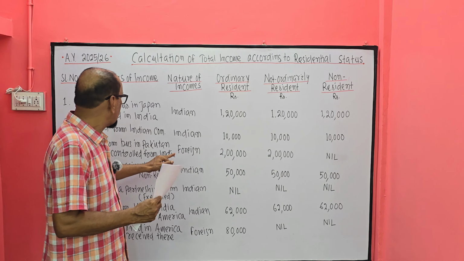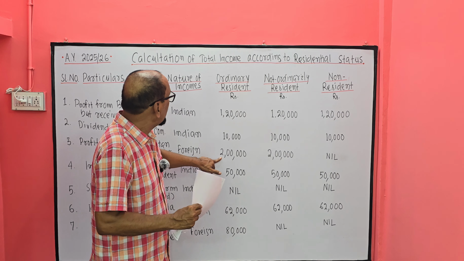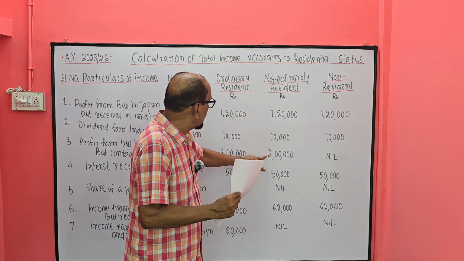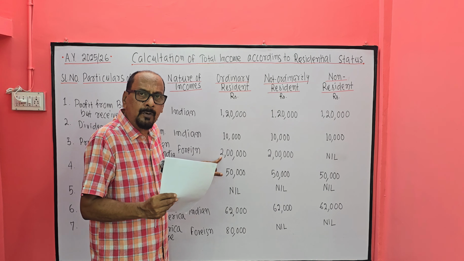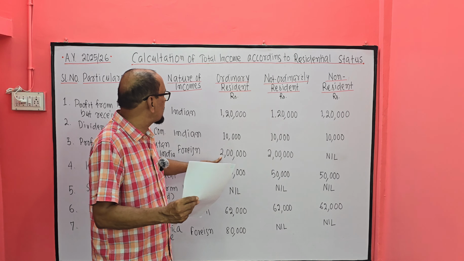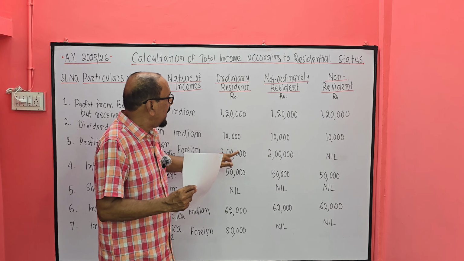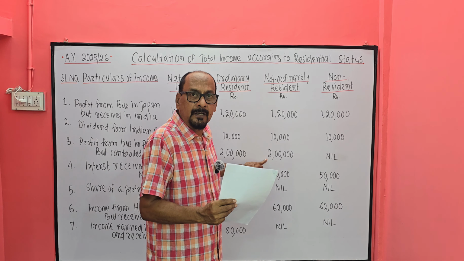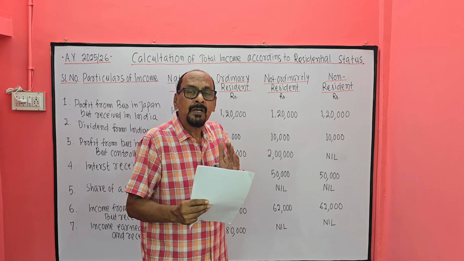So it is only taxable in case of an ordinary resident and not ordinary resident. So rupees 2 lakh is taxable in both cases, because it is a type of foreign income.